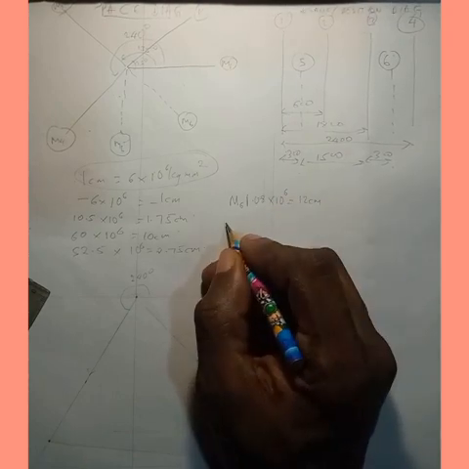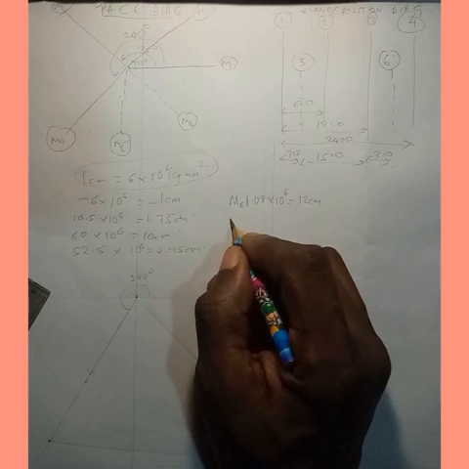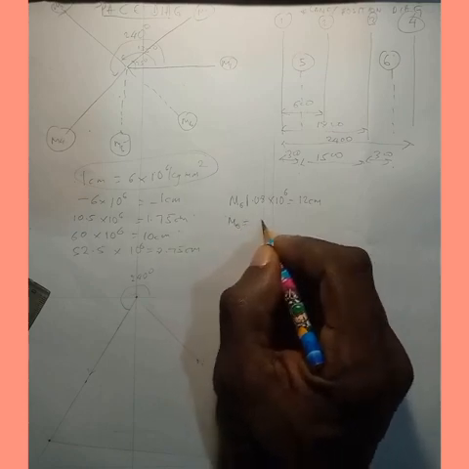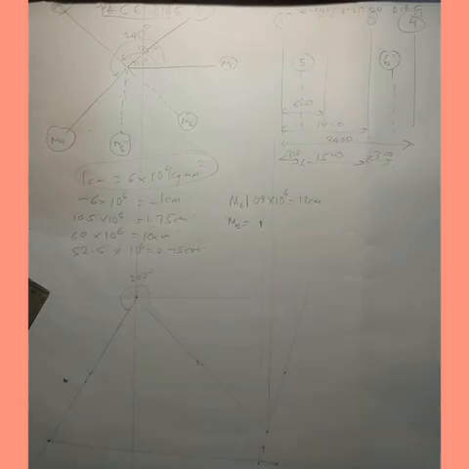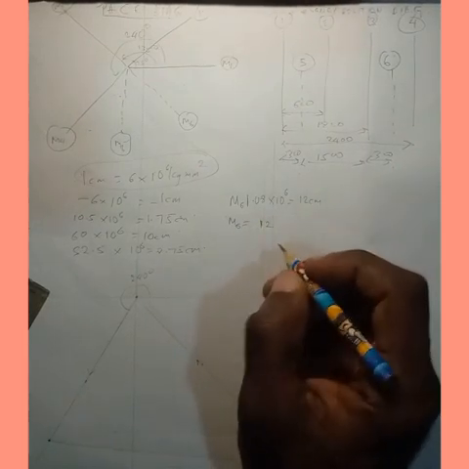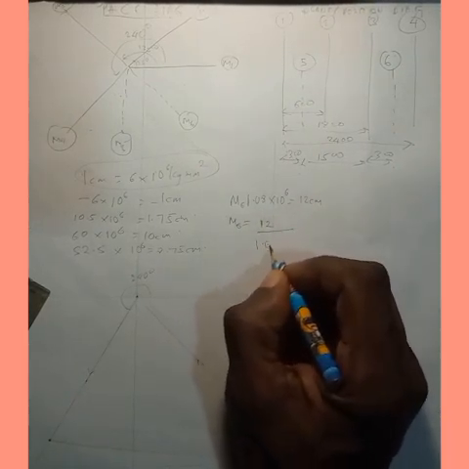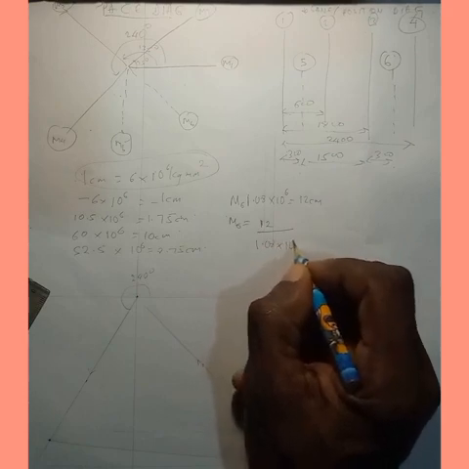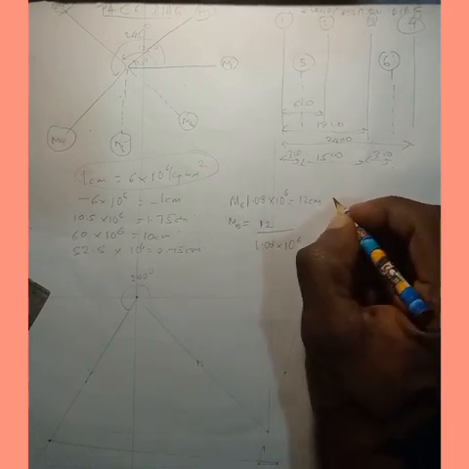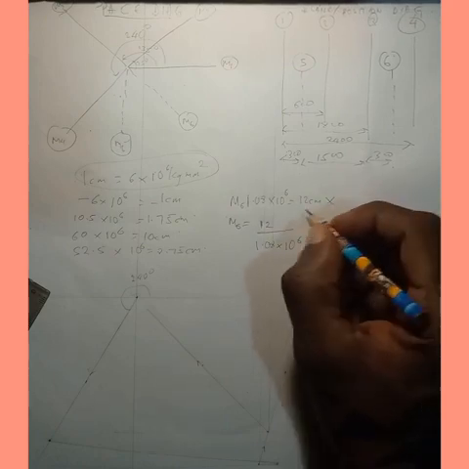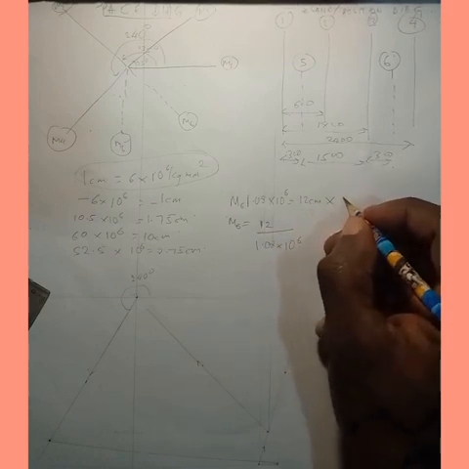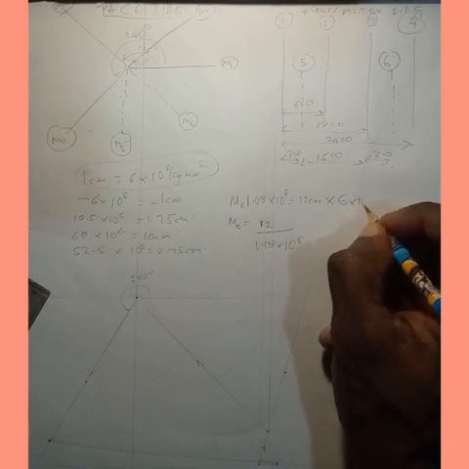From here we can get our M6 by making M6 the subject of the formula. So M6 now becomes 12 over 1.08 exponential 6. But we need to add the scale, don't forget. We also use the scale. So it's going to be 12 centimeters multiplied by 6 exponential 6.